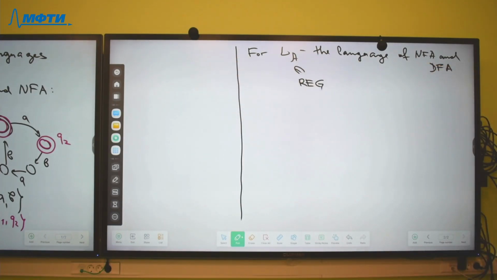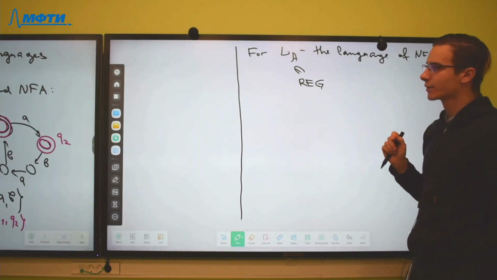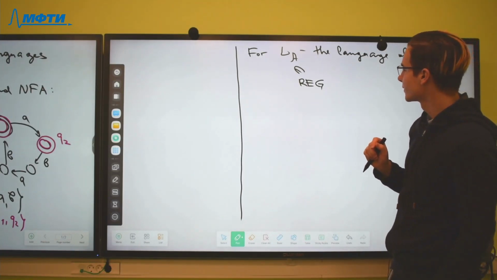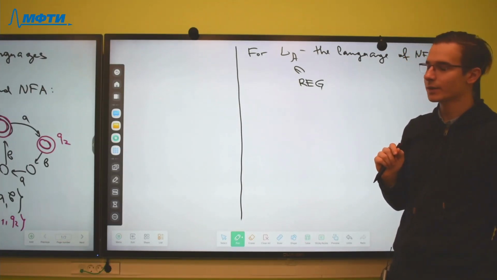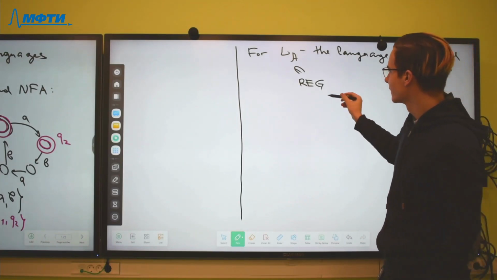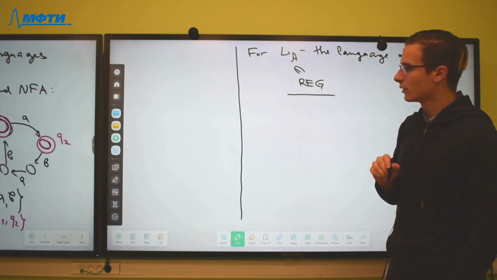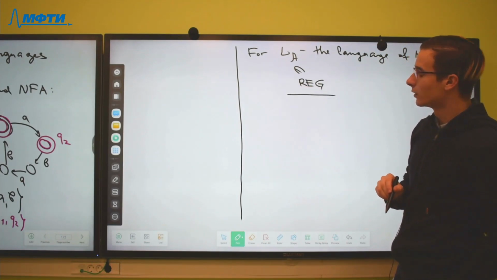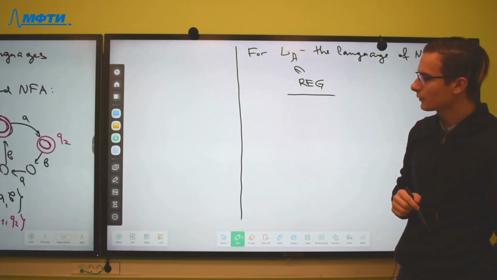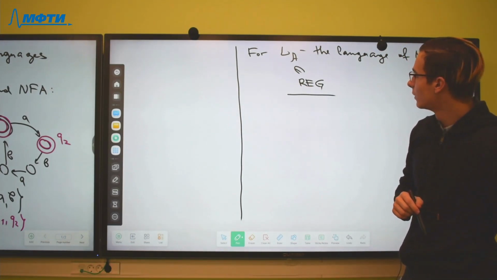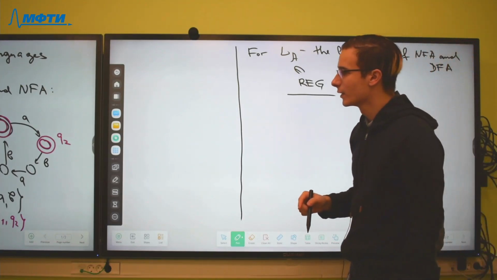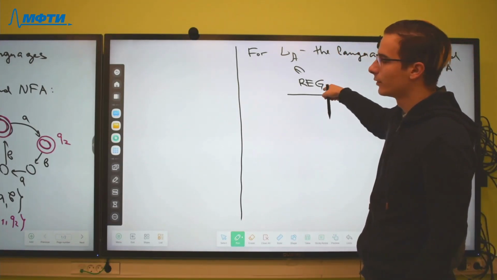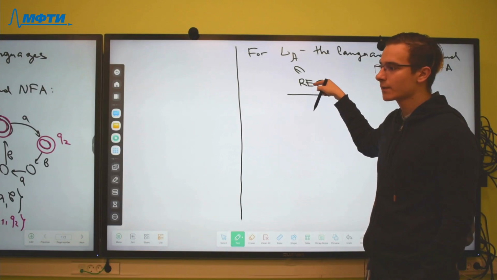I talked about it in the previous lecture, so I don't want to repeat all of it, and you can see it in the recording. Of course, we can use a regular expression for all of the languages from this class.